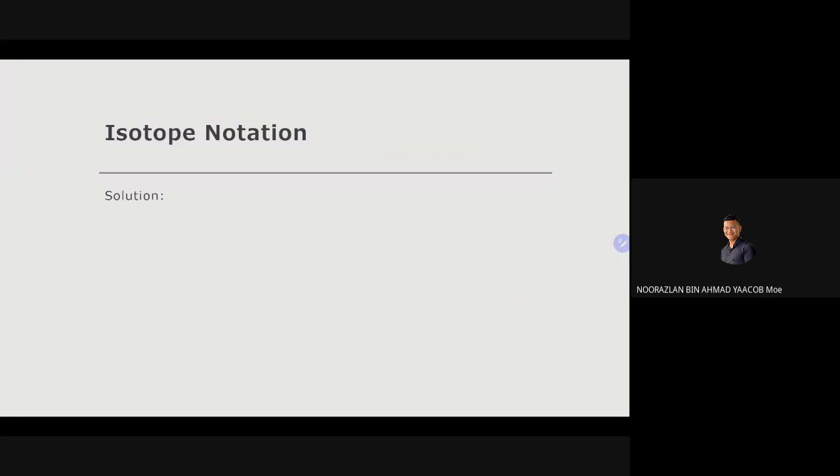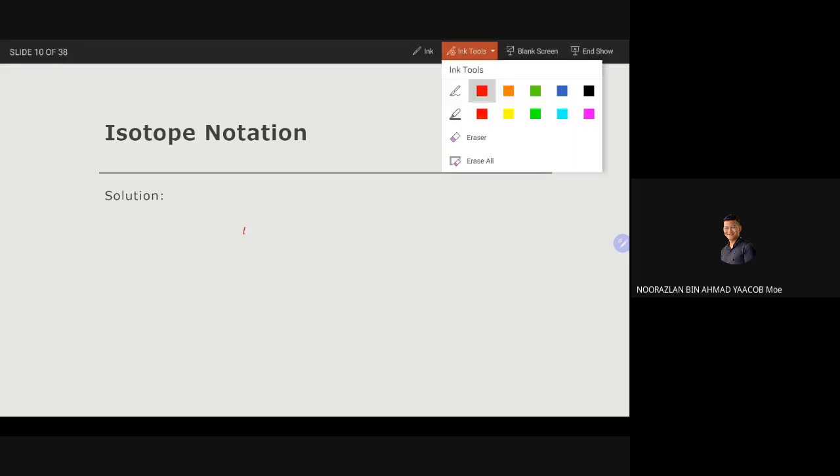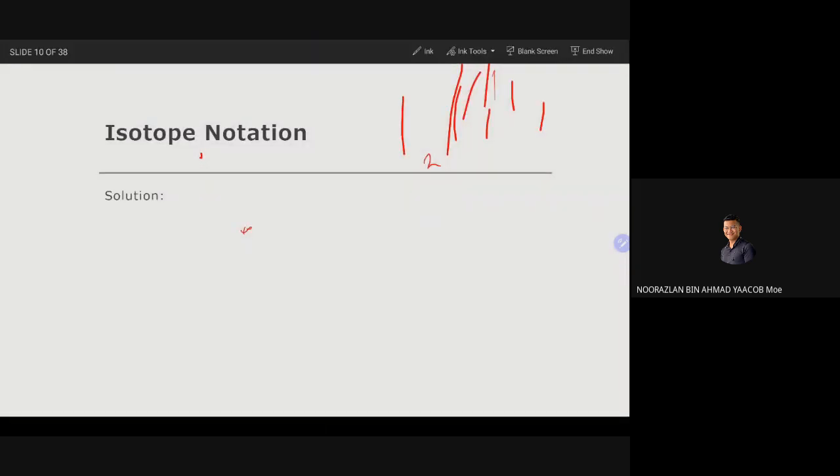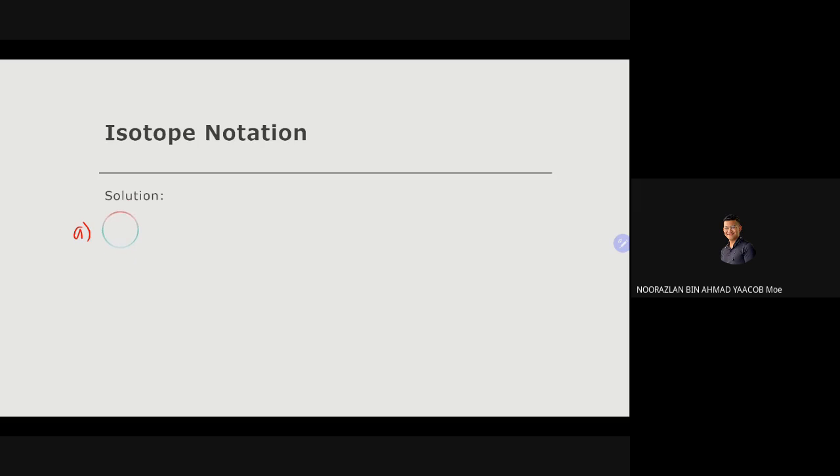Okay, at the solution. So the first one, kita tengok uranium, A. Uranium simbol dia adalah U. Dia bagi proton number 92.